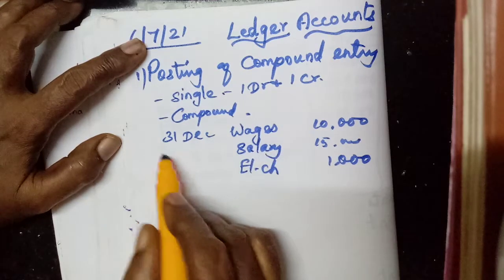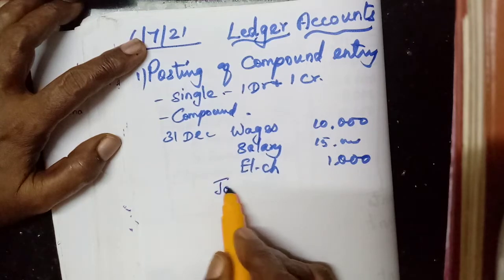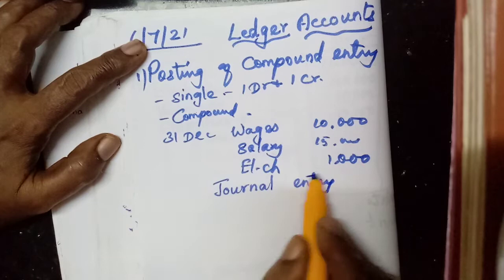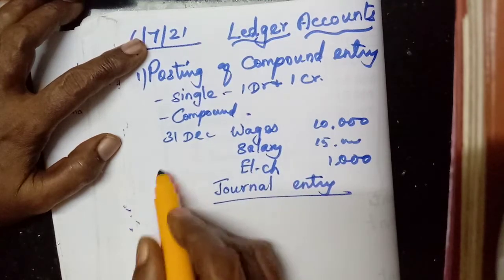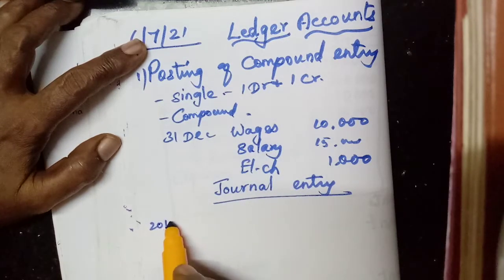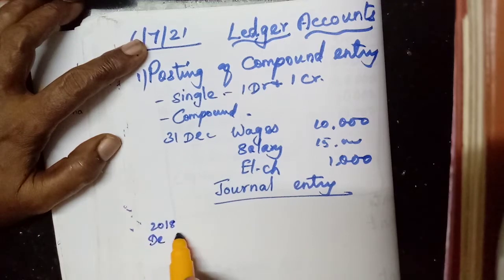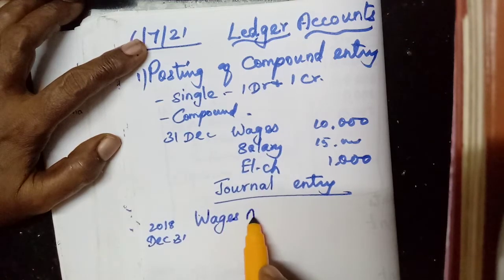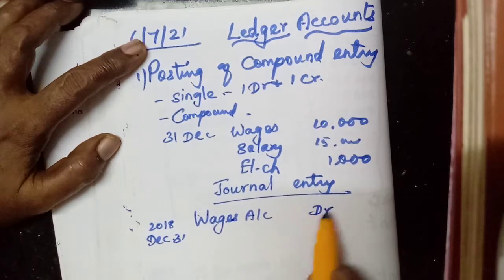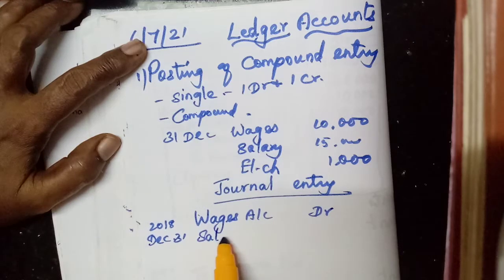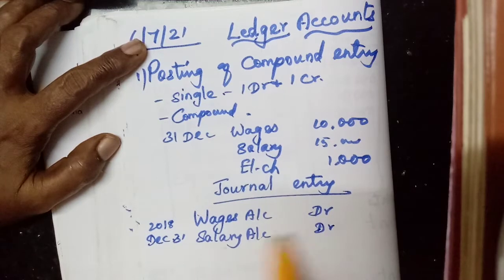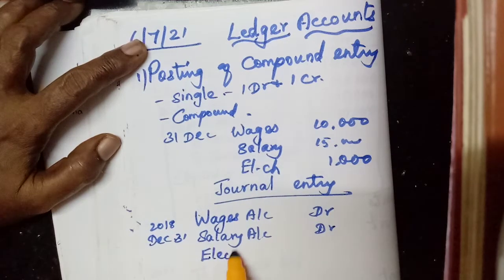So on this day we can prepare the journal entry like this. Journal entry. Here the date we have to write, for example, 2018, December 31. Wages account debtor, salary account debtor, electricity charges account debtor.